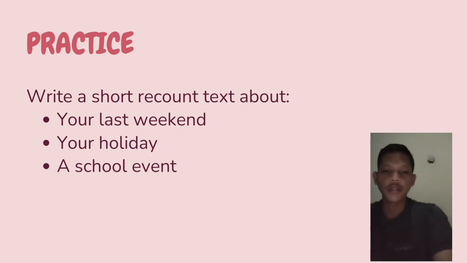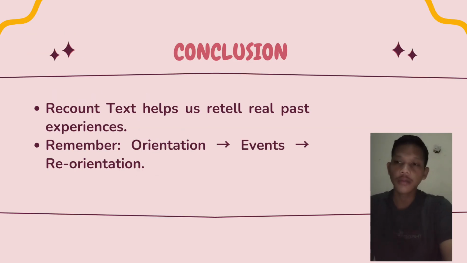Alright, the practice is done. We will close our lesson today. Let's summarize the whole of our lesson today. Okay, recount text. In conclusion, recount text is a text that retells past experiences in a real occurrence, not imagination, right?